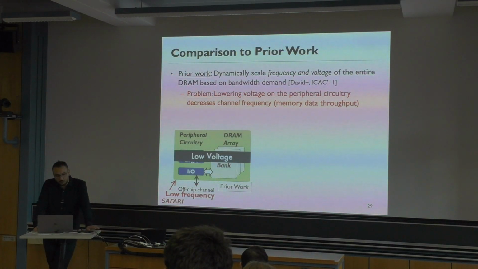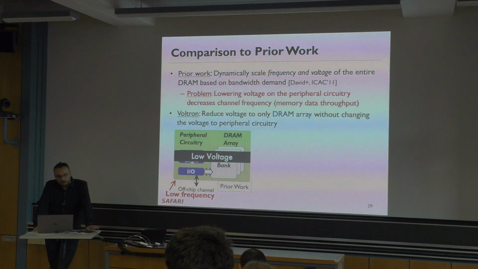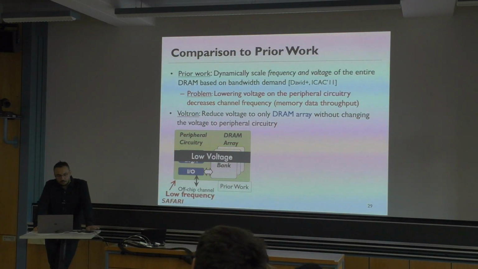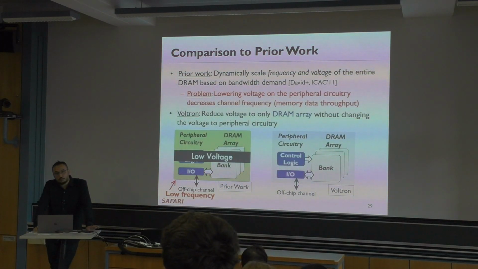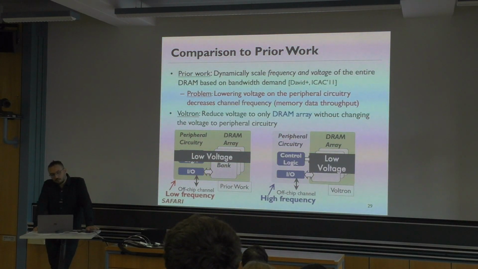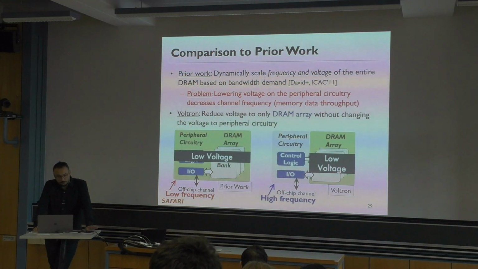Then you lose some bandwidth as well, and this causes high performance loss. But in Voltron, we are proposing to reduce the array voltage only, instead of the I/O peripheral circuitry. So peripheral circuitry can keep working at high frequency, but within the DRAM array we use larger latencies.